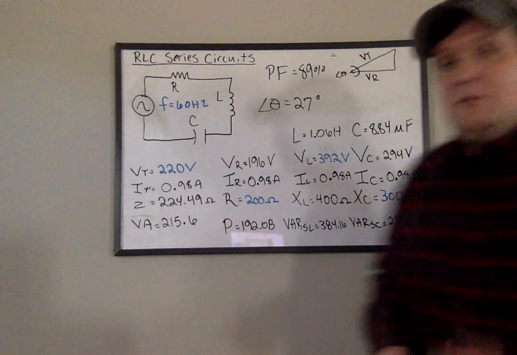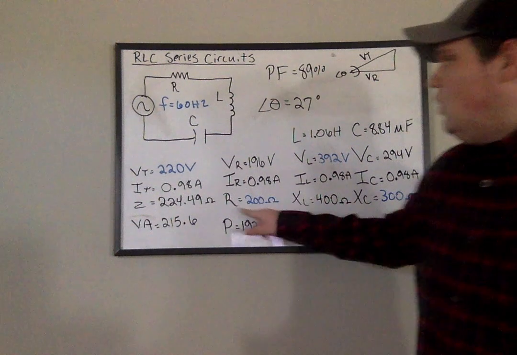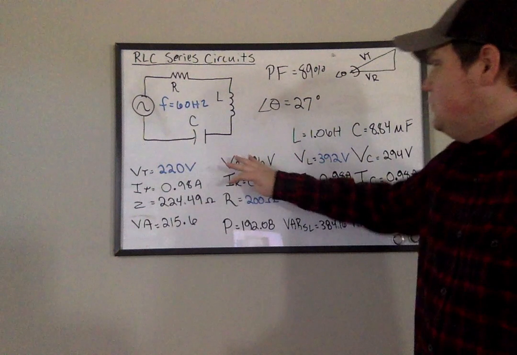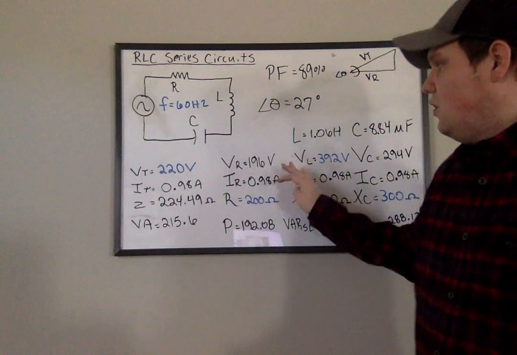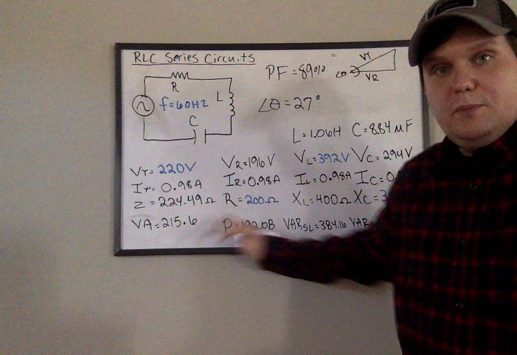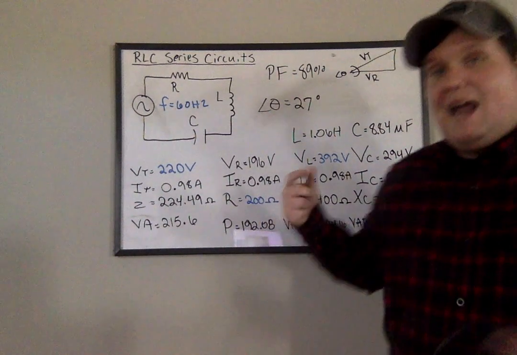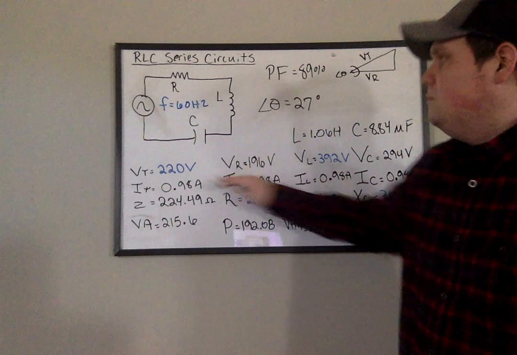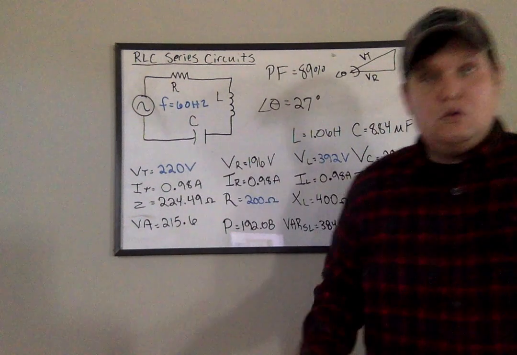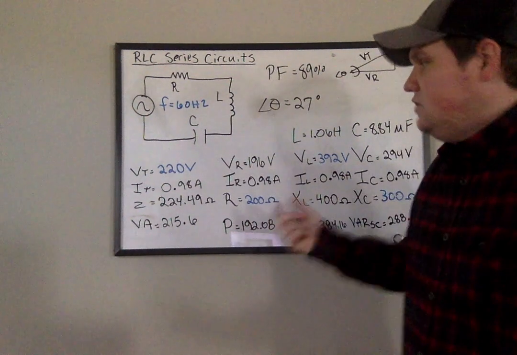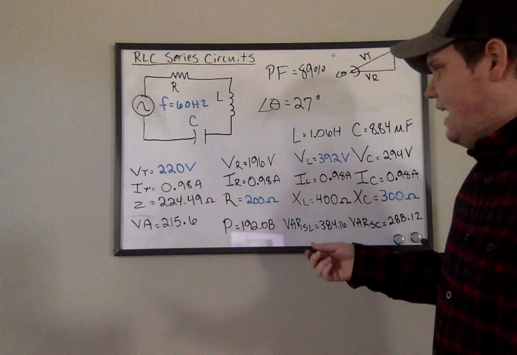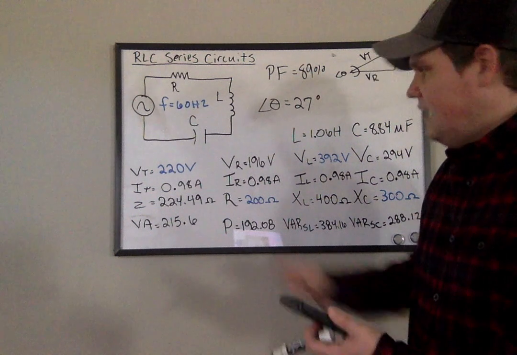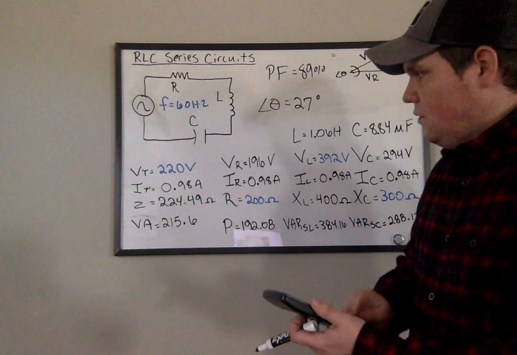So we can do a couple other things to check. We can also do R over Z, and we can do P over VA. So remember, if you do have multiple VRs, multiple Rs, and multiple Ps, you always want to add it all up. So add up all your VRs if you have multiple, and then divide it by VT, and so forth. Okay? So let's just try it out, and let's do 200 divided by 224.49.